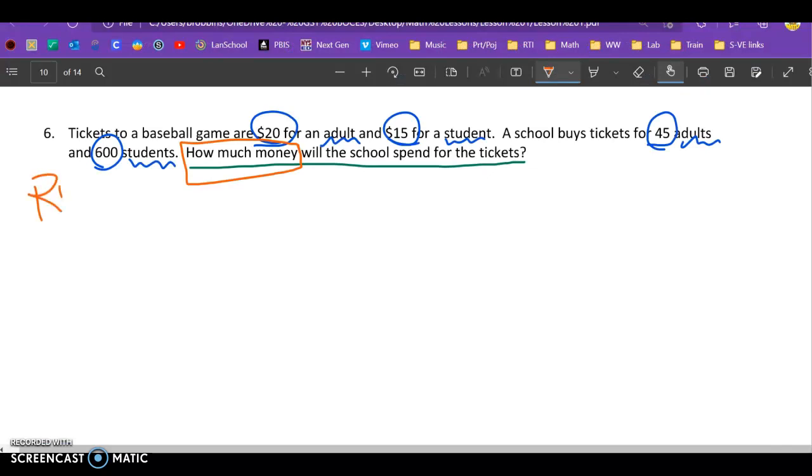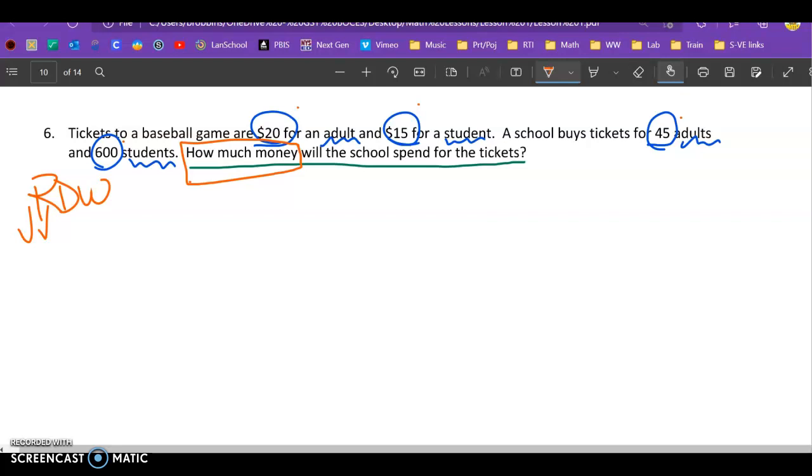All right, friends, welcome back. I have read it through twice. Tickets to the baseball game are $20 for an adult, $15 for a student. The school is buying 45 adults and 60 students. How much money will the school spend for the tickets? I think how much money is important.